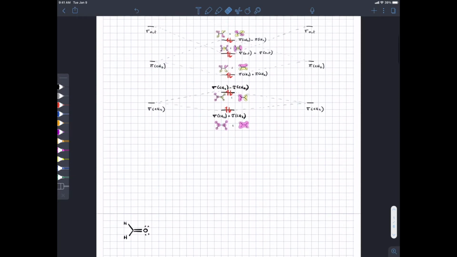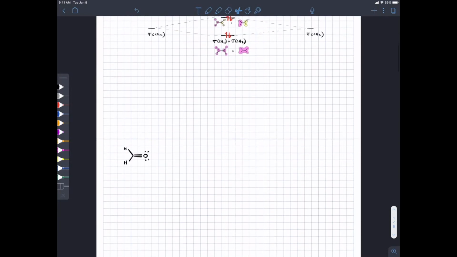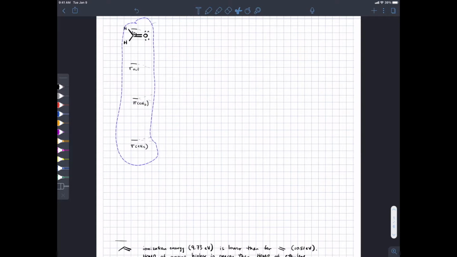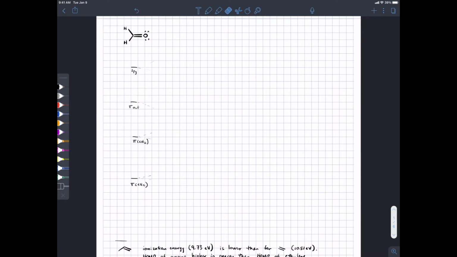Okay, and to do this, again, we're going to combine our bent CH2 orbitals with orbitals from oxygen. Now, we won't need to consider any geometry for oxygen because it's simply a single atom.